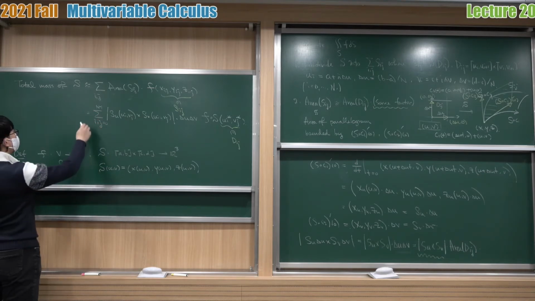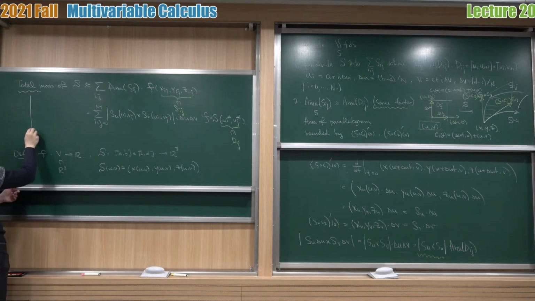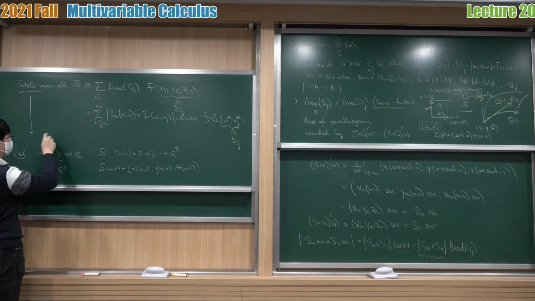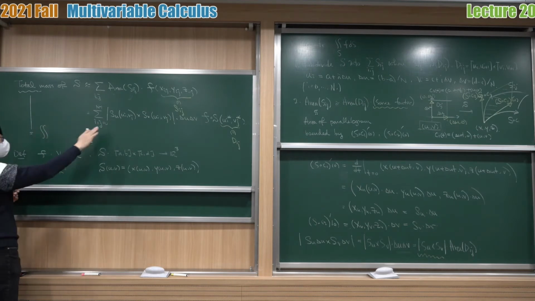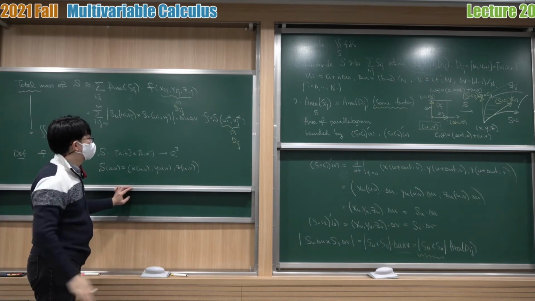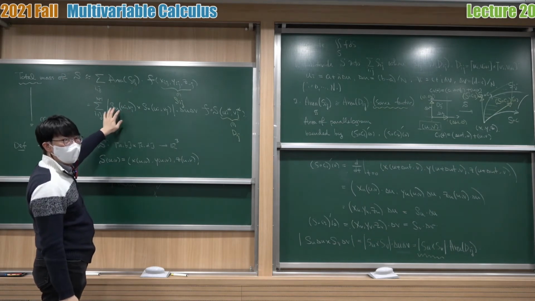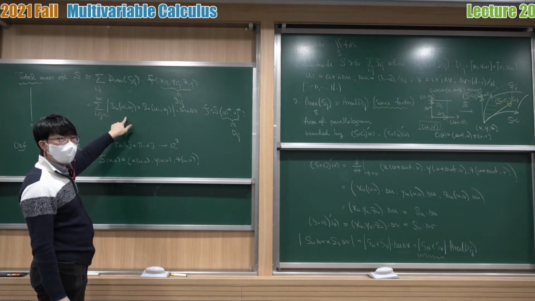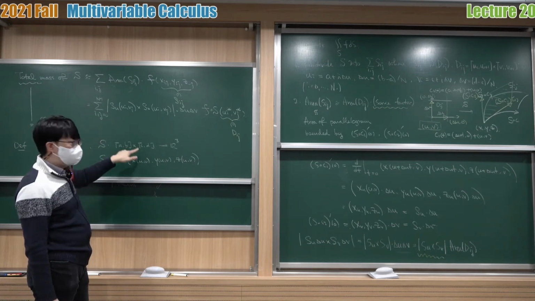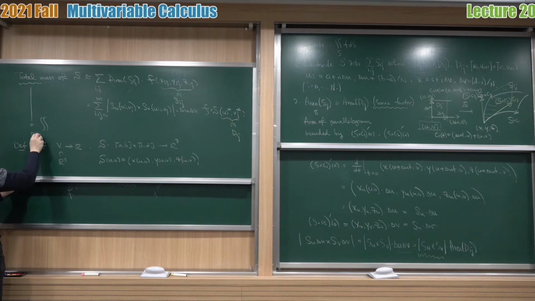Therefore, the total mass is equal to what? A double integral over which domain? Ui runs from A to B, Vj runs from C to D. So we are doing the double integral on the domain of S. And what's our integrand?